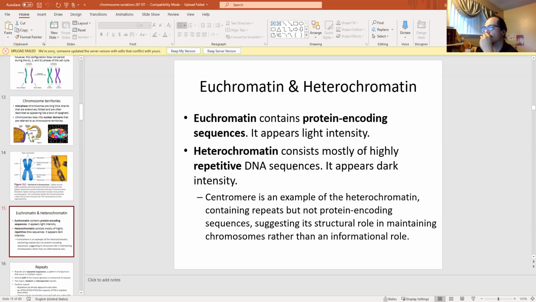The euchromatins are protein encoding sequence, and they don't appear very condensed because it's like writing, for a meaningful writing, of course there is repeat here and there, but you won't repeat a lot of the same words. It will be marked as a grammatical error, right? So that's that. And in contrast, these heterochromatins consist of these repeats.